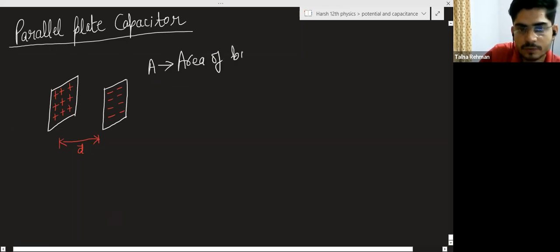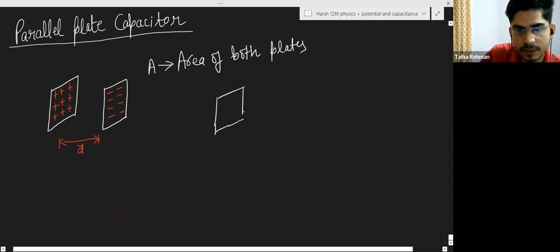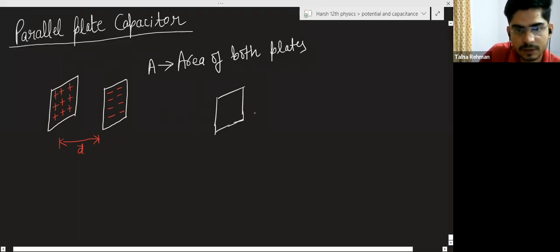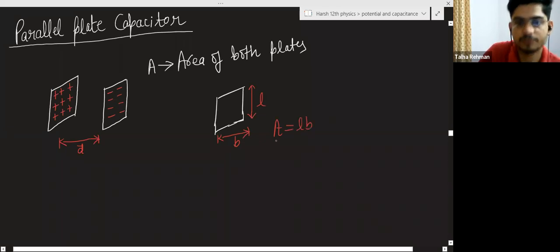Like I am drawing only one plate. You can say this is length and this is breadth, so area is length into breadth. This is the parallel plate capacitor.